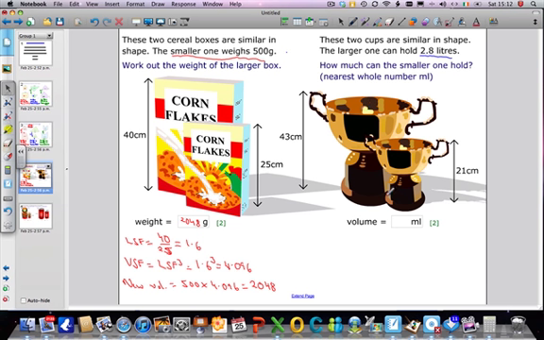So this is working slightly backwards. Analysing both shapes, the height of this is 43 centimeters, the height of this is 21. We're given two corresponding lengths, so let's work out the linear scale factor. The linear scale factor is equal to the big, 43, divided by the small, which is 21.